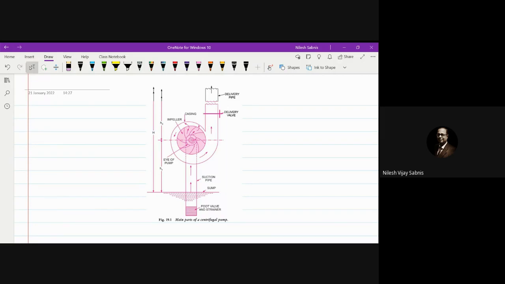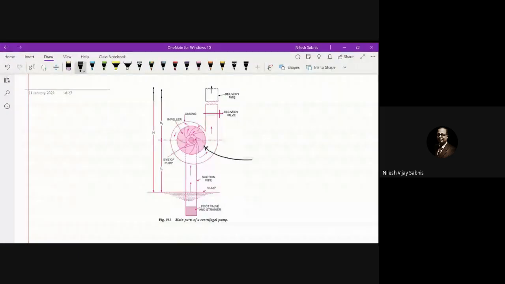So impeller is nothing but it is a rotating part which is connected to the external electric source. So this is impeller. The rotating part of a centrifugal pump is called as a impeller.